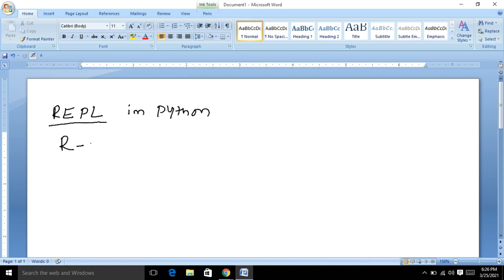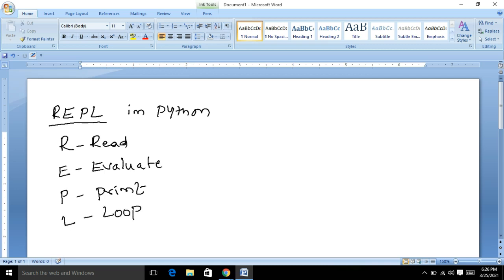R means read, E means evaluate, P means print, and L means loop. That means the first letters of each word are combined and form REPL.